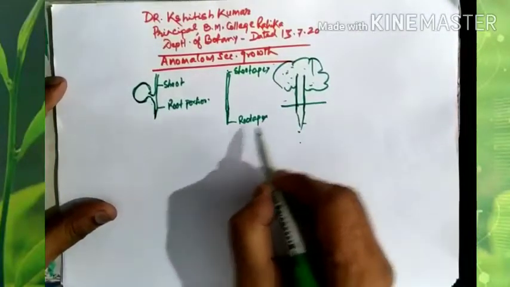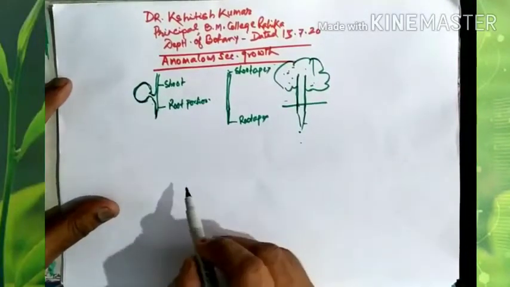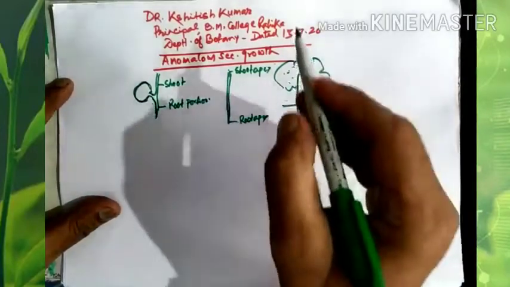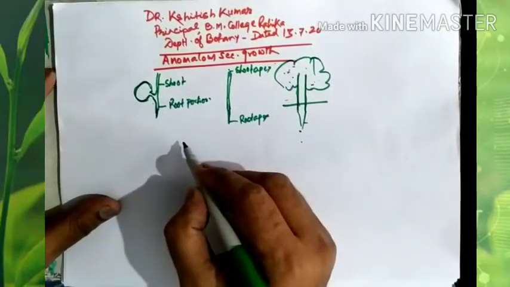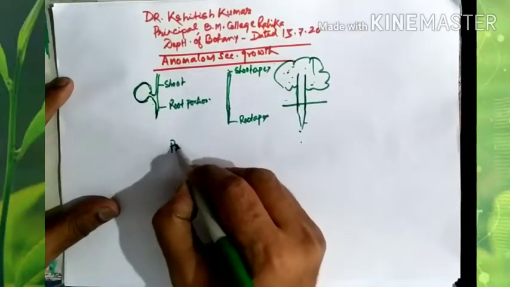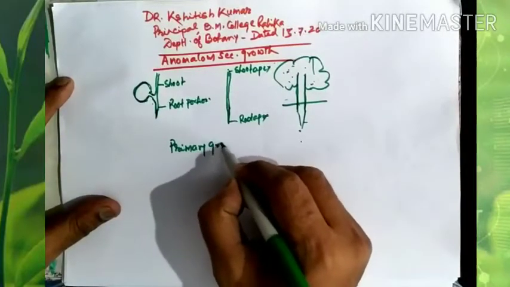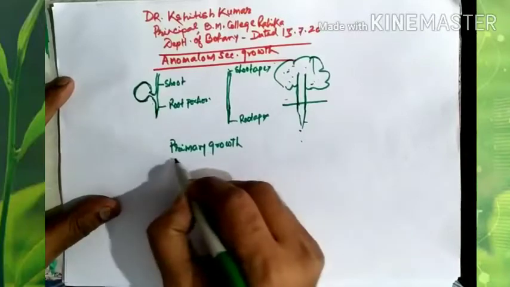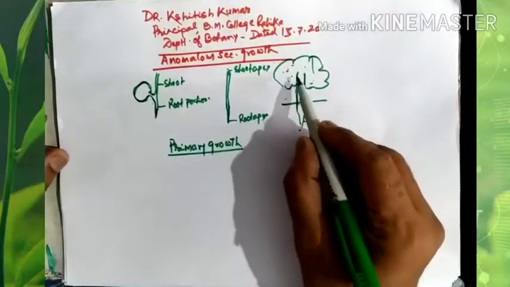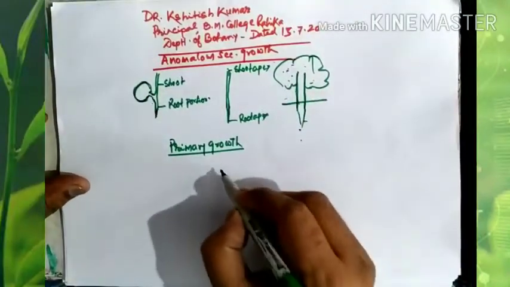So in the plant, the increase of length of the plant is known as the primary growth. We know that there are three types of meristem responsible for the primary growth.